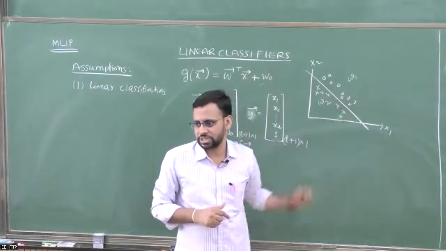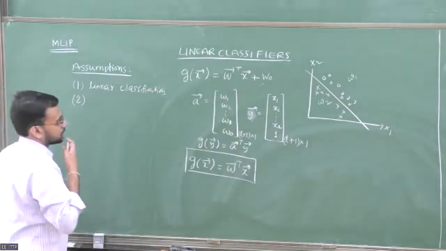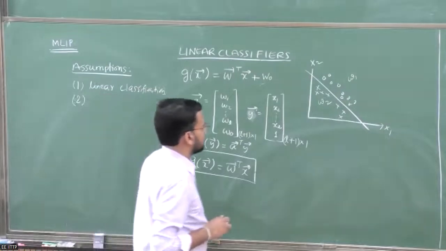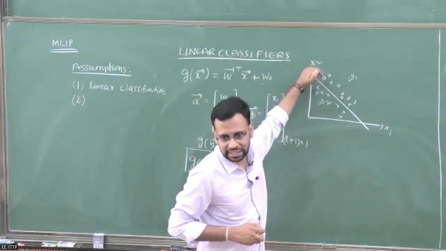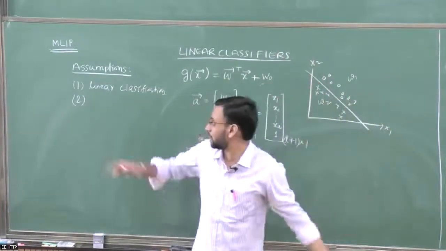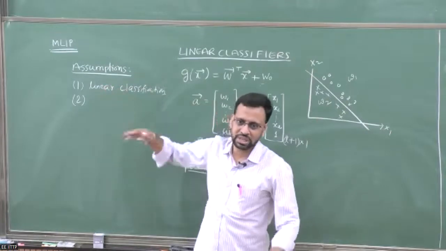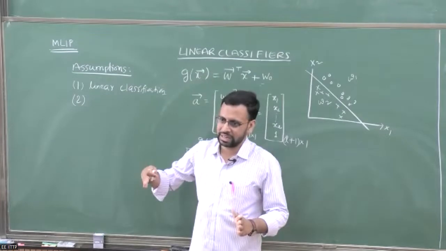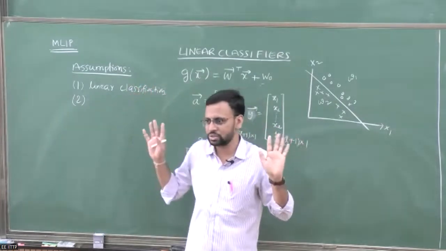That's my first assumption. Second assumption is there are no outliers or anything like that. So suppose it will perfectly fit there. You may keep it in this assumption itself. I don't want to write two assumptions. The linear classifier is such that it will nicely separate all the training data sets. So for now, there is no noise.